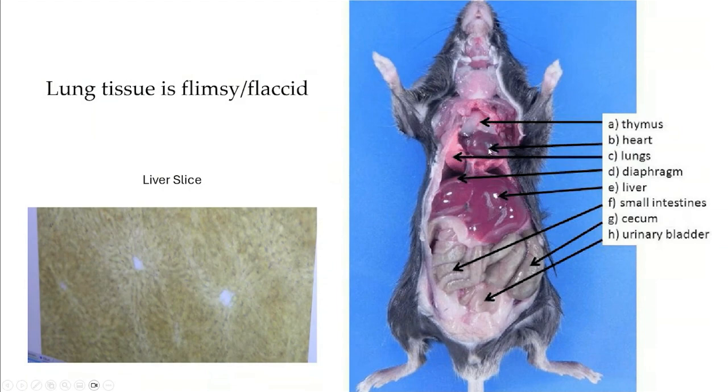But yeah, you'll remove the heart and have some sterile gauze to absorb the blood. So it'll be quite messy, but you try to absorb as much blood as possible, keep it as clean as possible, and then inflate your lung.